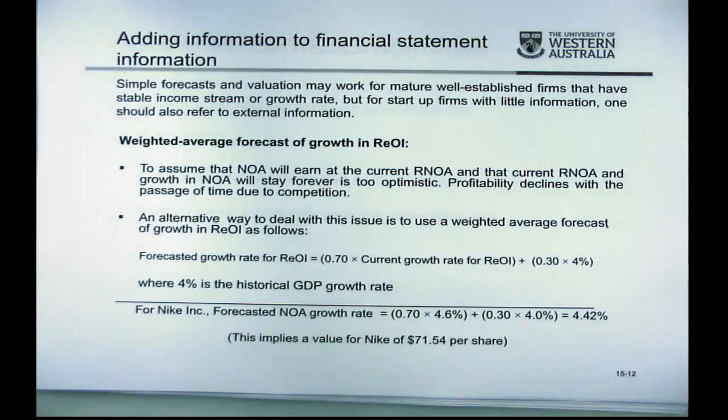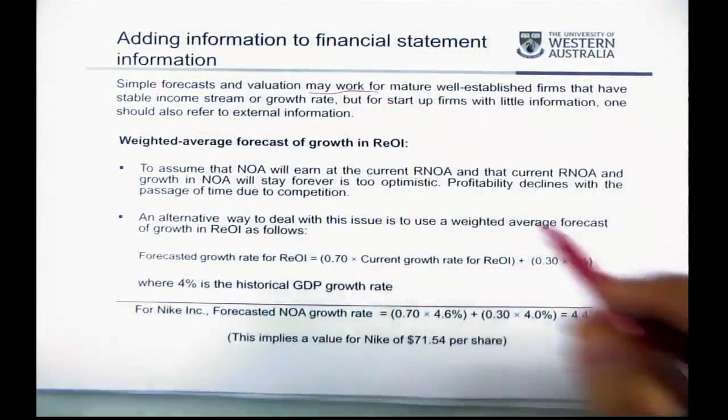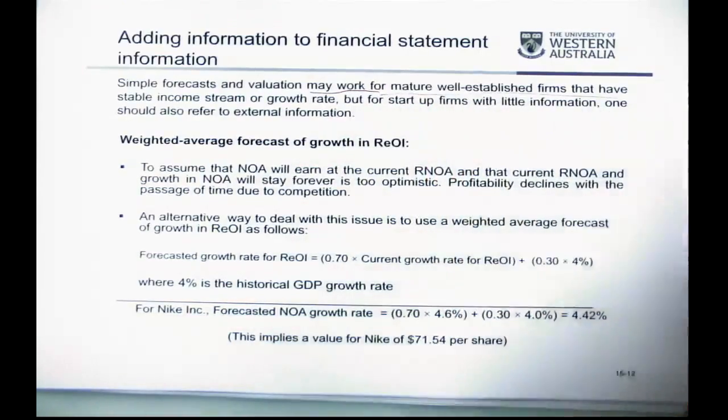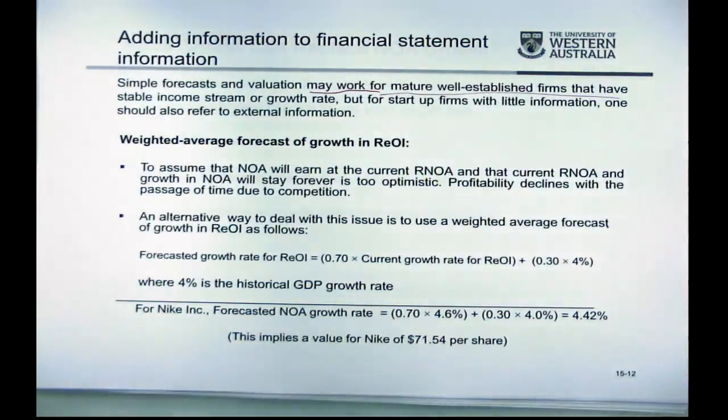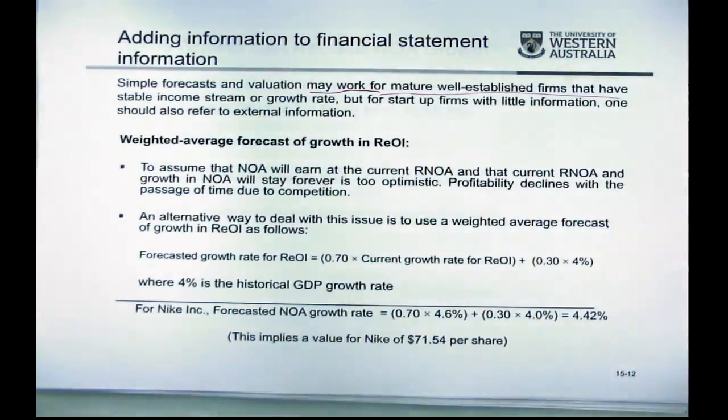The former two cases, which are cases of simple forecast and valuation, usually work for mature and well-established firms, because these firms usually have a stable income stream with maybe zero growth or a stable growth rate, okay?